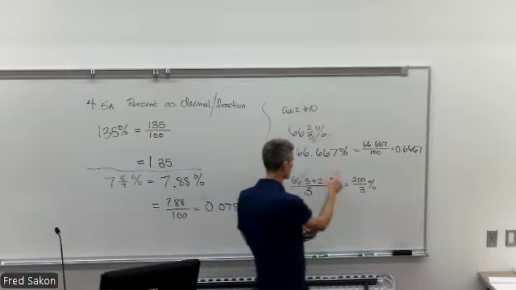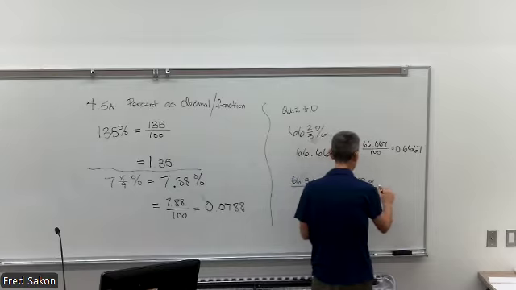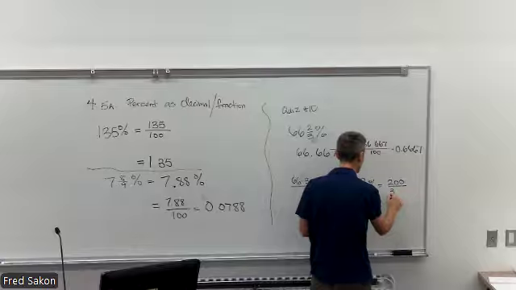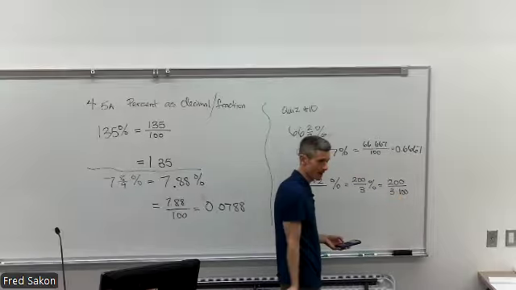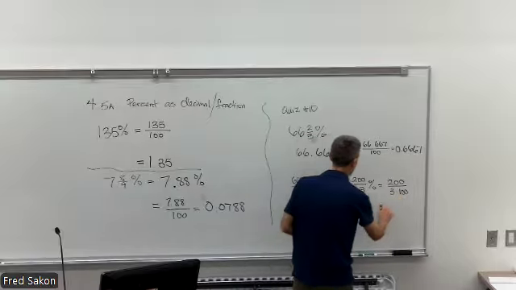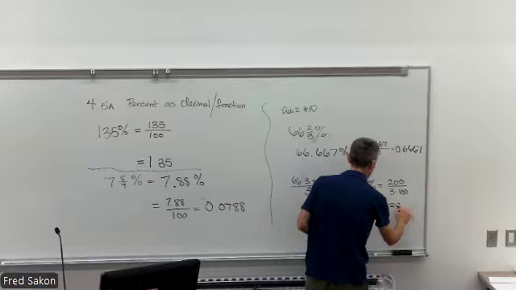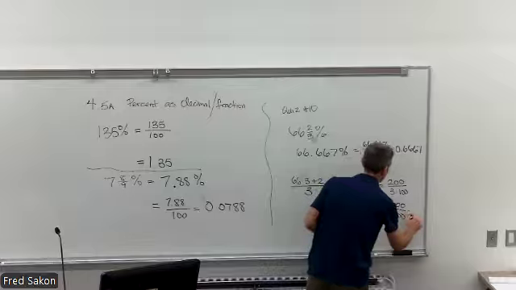Then percent means over 100, right? The 200, we've got a 3 already on the bottom. If we're introducing another number like that and just assume it's times in there, and then that comes out to 200 over 300. Can divide some hundreds there for 2/3.